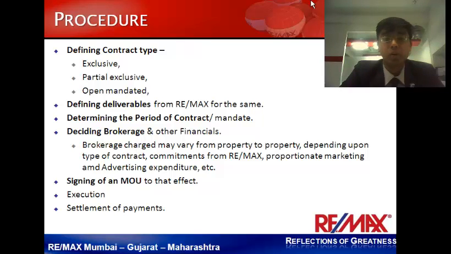Determining the period of contract: how many months, say 6 months or 9 months or 3 months, the period of mandate is valid. Deciding the brokerage and other financials.